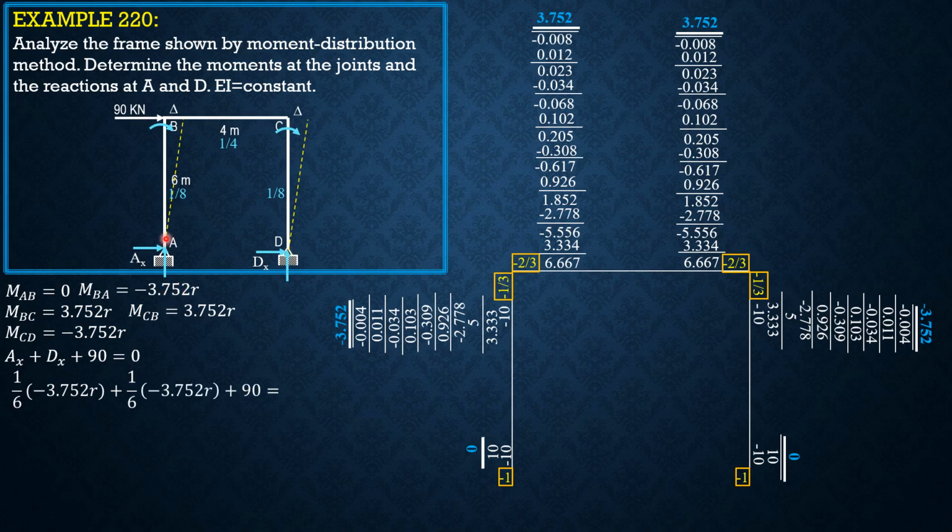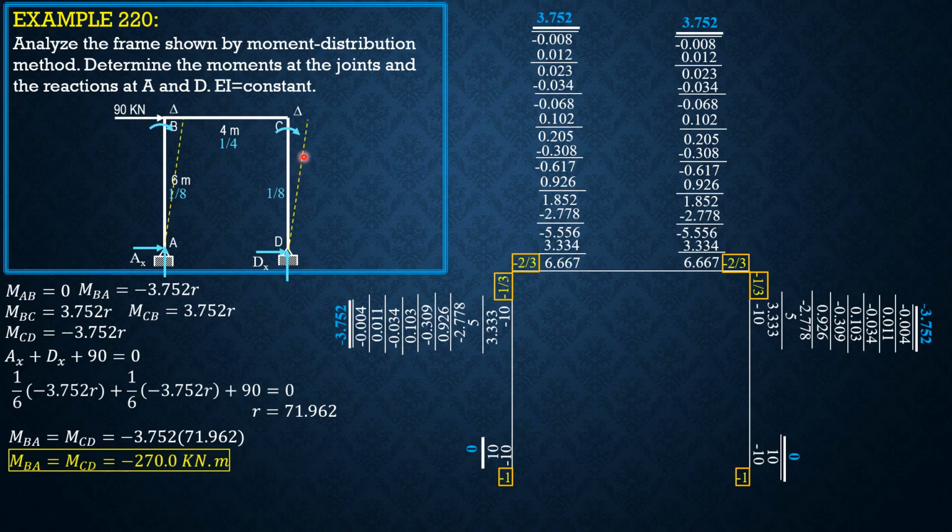So AY times 4 plus 90 times 6 equals 0. So AY is negative 135. Therefore AY is 135 kilonewtons downward. Similarly, summation of forces in Y, DY is 135 upward. And moment at A equals moment at D equals 0. So that's it for this problem.